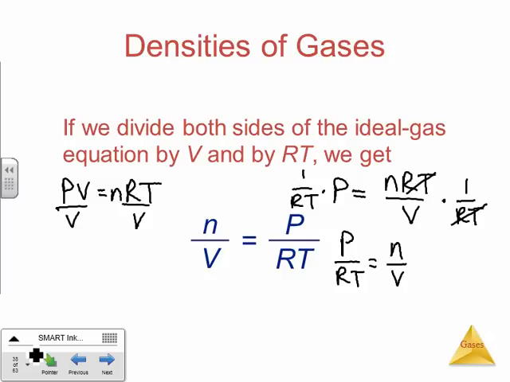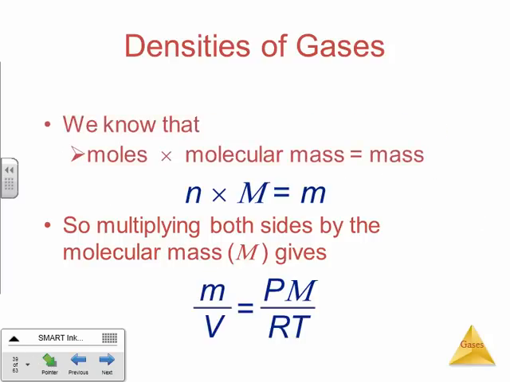Now the reason that we might want to think about this, this right here, N over V, is because we can remember something about N here.